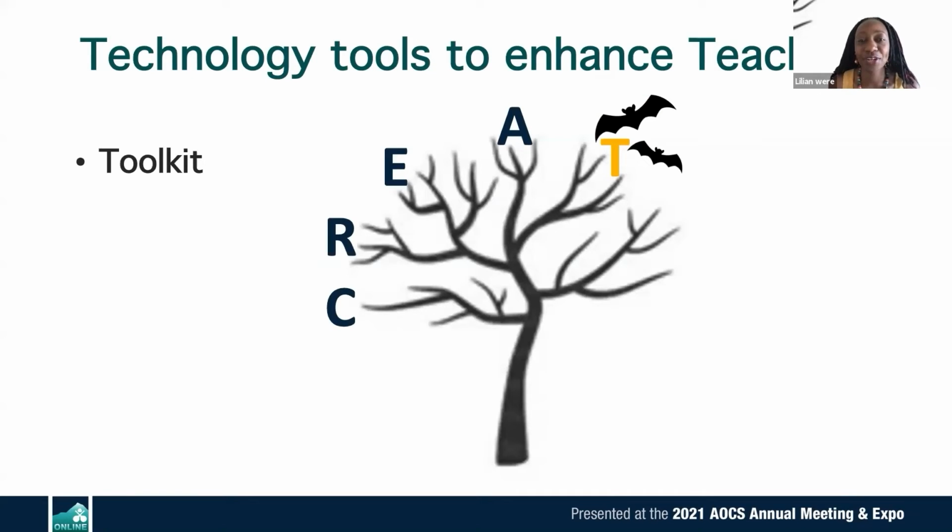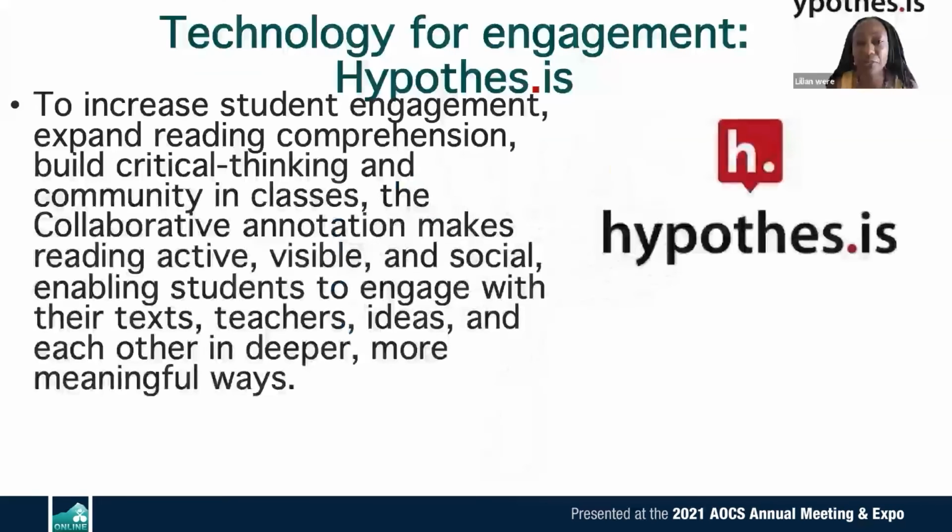Technology. We've all learned lots and lots of wonderful tools this past year: Jamboard, Google Docs, Padlet, Poll Everywhere. So with this, again, they're going to enhance our learning objectives, but also trying to ensure that it's teaching first and technology second, because the emphasis is not on this shiny, cool technology that we have, but it's to ensure that learning is taking place. So I'm going to emphasize just one of those that I have used, and this is Hypothesis.